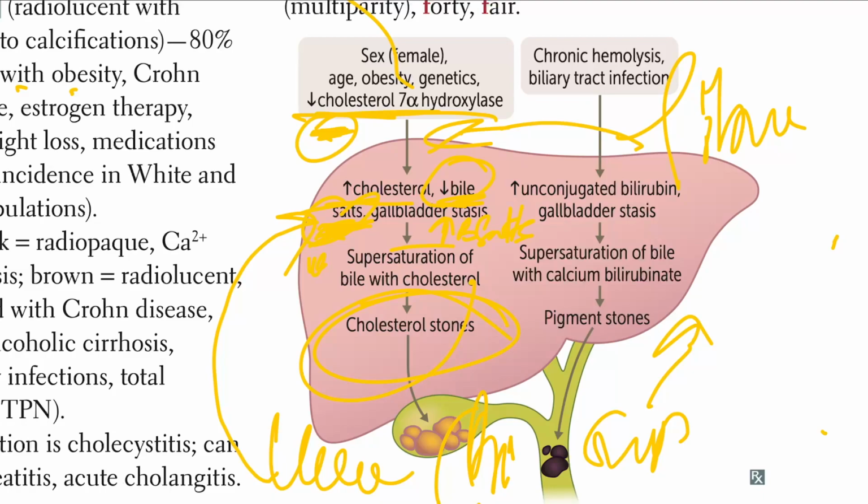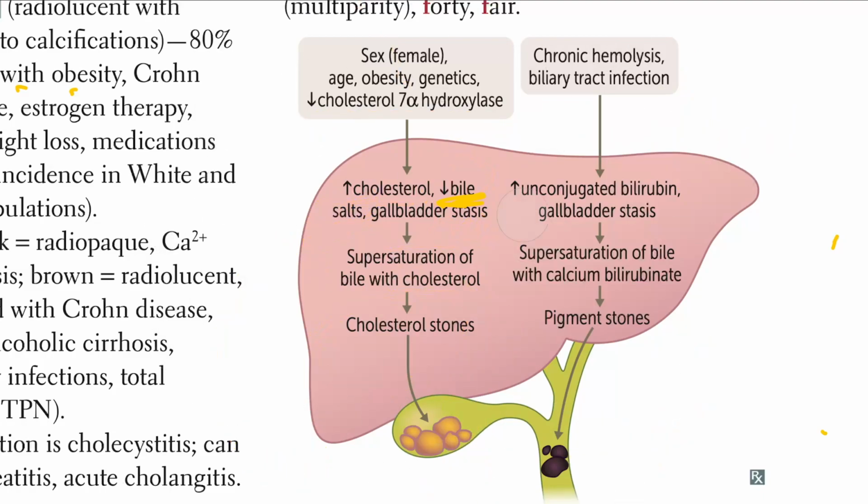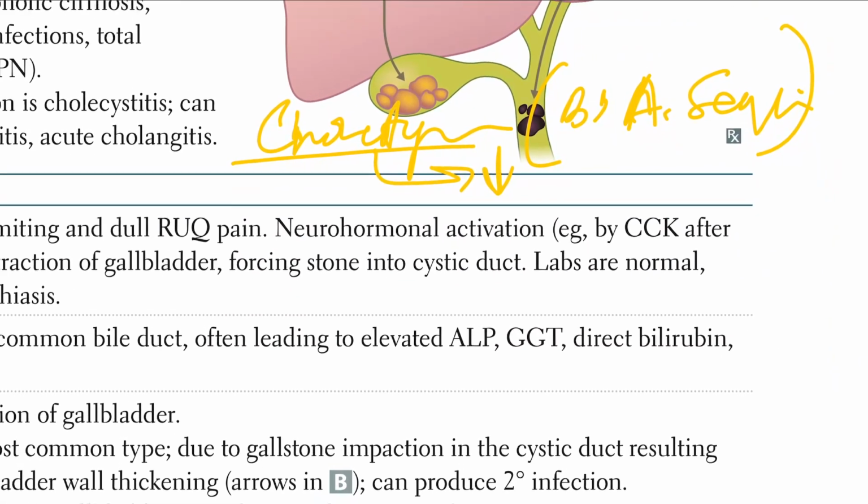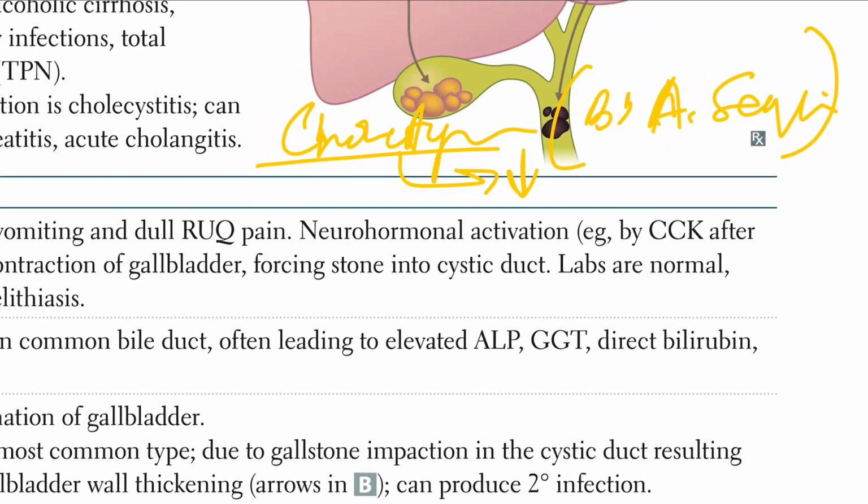The other thing, one last thing, cholestyramine. This is a bile acid sequestrant. What's going to happen here? If you were to give cholestyramine, you're decreasing reabsorption of bile acids from the terminal ileum.